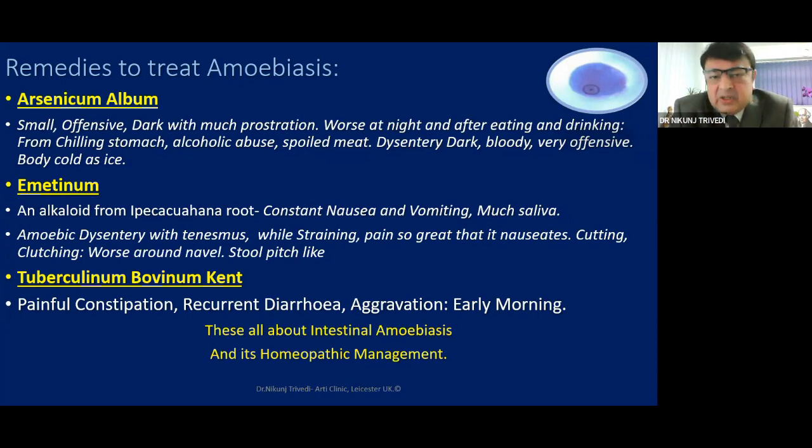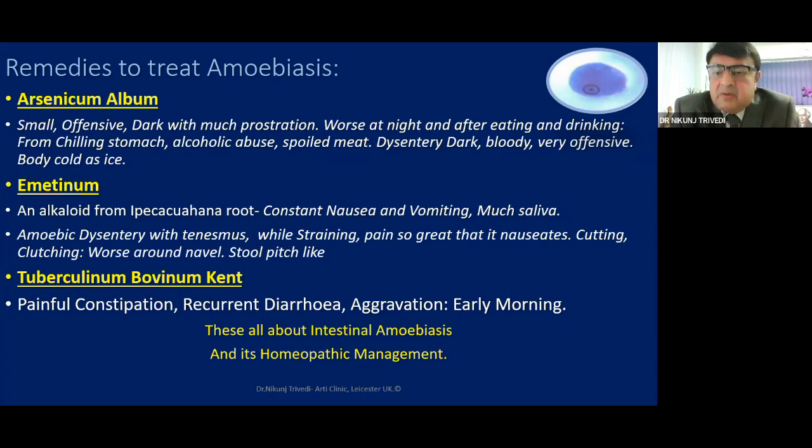The patient gets tired, exhausted, worse at night and after eating and drinking, from chilling the stomach, alcohol abuse, spoiled meat. Dysentery: dark, bloody, very offensive, bloody, cold as ice.